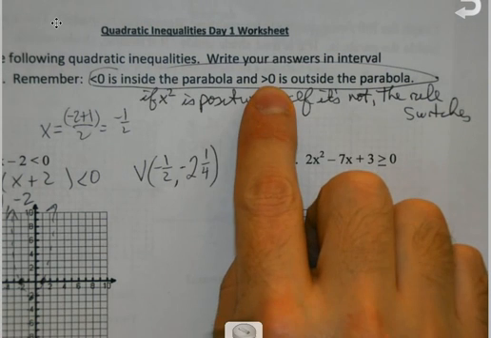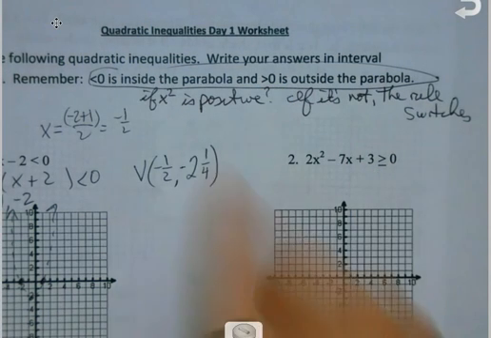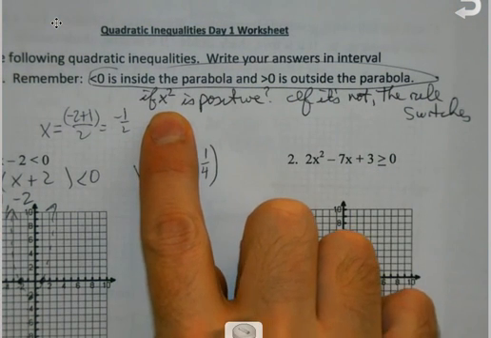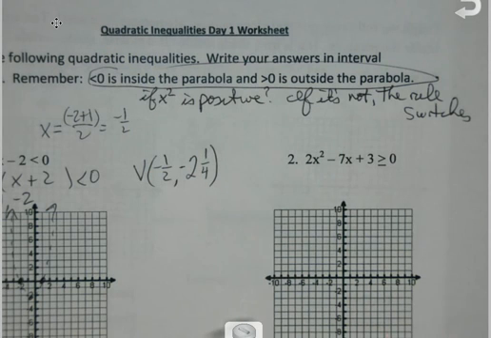Typically, if it's greater than 0, it's going to be outside. But if x squared isn't positive, if it's like a negative, if it opens down, it switches those. That's why I don't like the little tricks. When I saw who put this together, put that on there, I wasn't real happy. But I would use a test point. Test point, test point, test point to make my life easier.